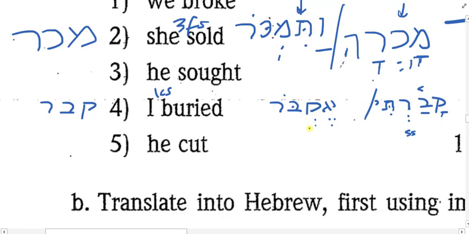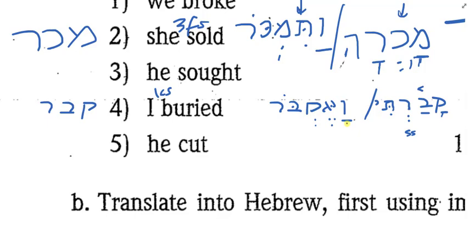Now, that's the imperfect, but I need a WCI form or a vayiktol form here. So what am I going to have to do to change this to a vayiktol? Got to add the vav, and the vav goes on the front. Under normal circumstances, vav, patach, doubling dot. Can I put a doubling dot in the aleph?